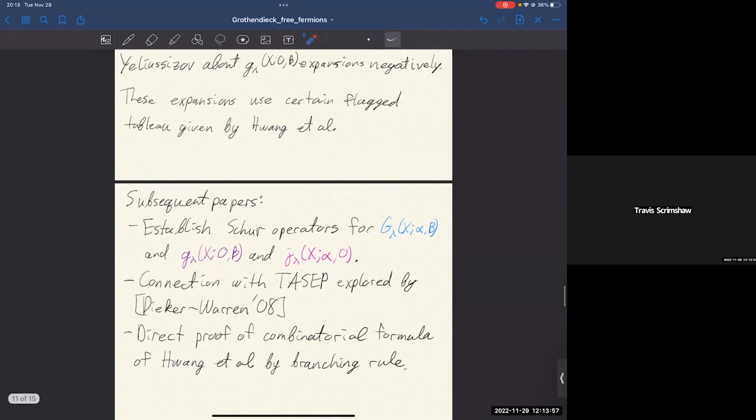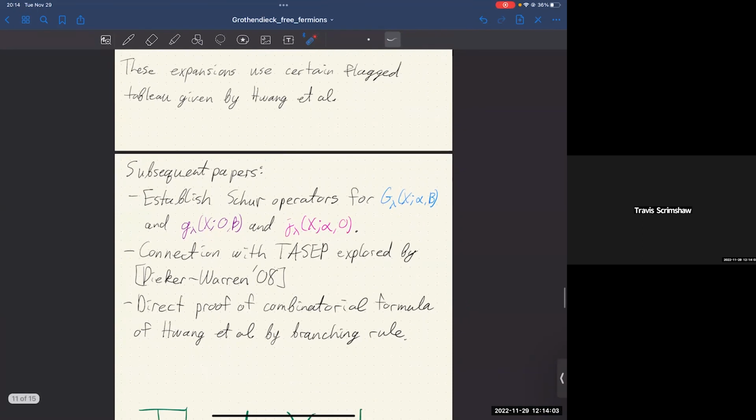What can we use this for? What is next after this is, well, Iwao in his papers on free fermions with canonical Grothendiecks had these Schur operators that add boxes to the partition if possible, and basically can grow out the partition, and he writes them in terms of operators acting on the Fock space.